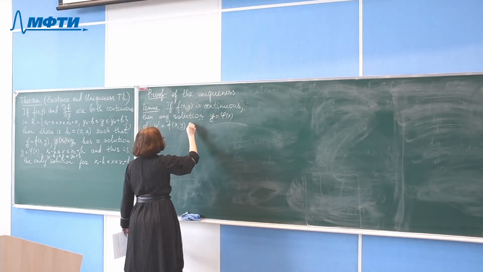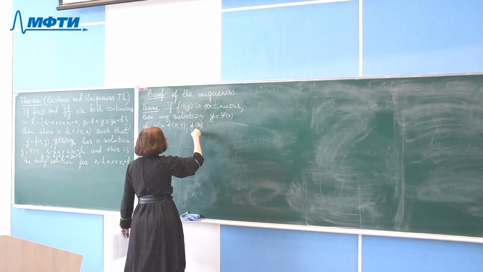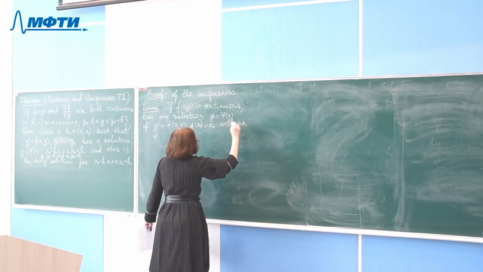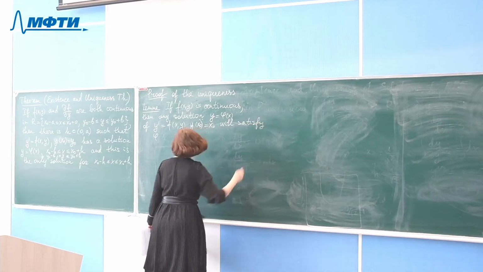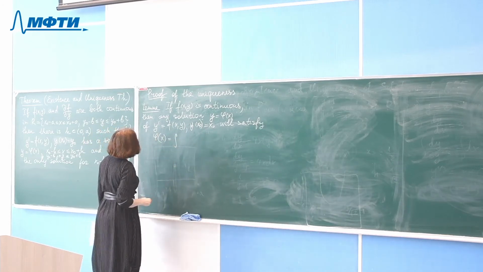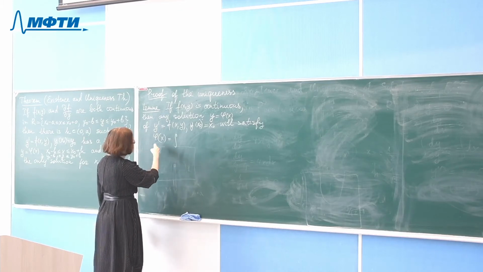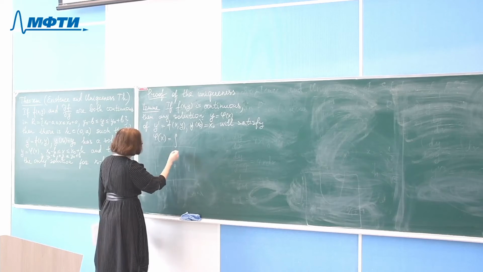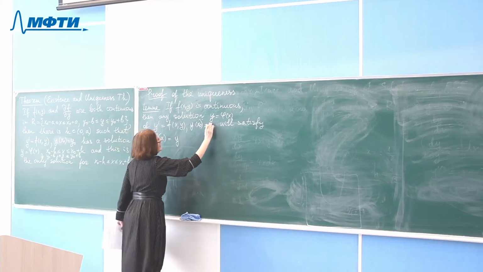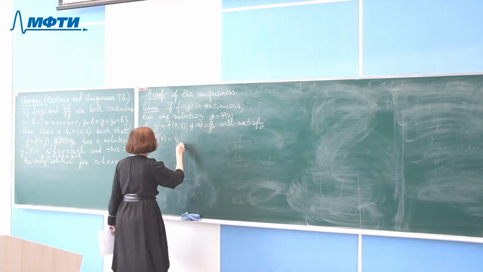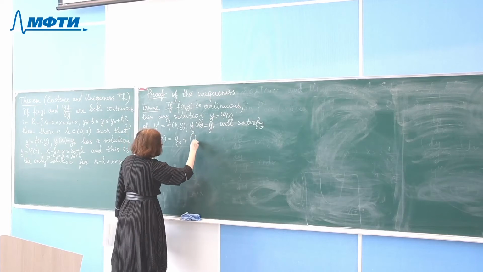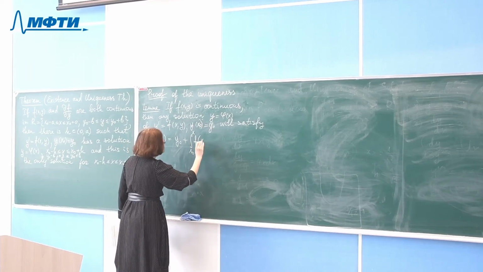So it should be y of x0 equals y0. Phi of x will be equal to y0 plus the integral from x0 to x of the function f of s.